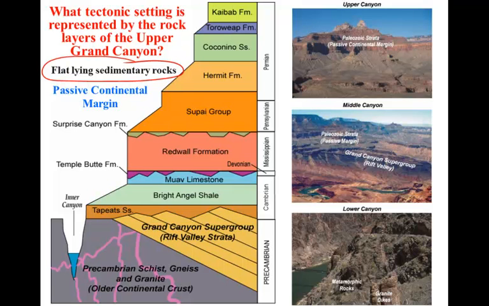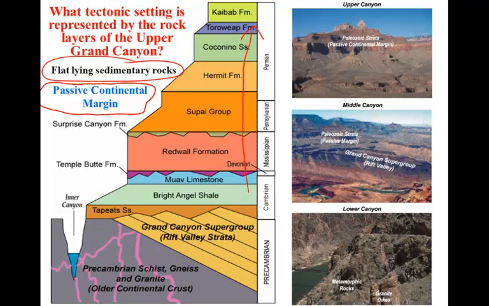What happens to the trailing edges of the continental crust? Continental crust that broke apart during the rift stage. It eventually cools and subsides and becomes what's known as a passive continental margin, and thereby becomes a place for a thick sequence of sedimentary rock layers to accumulate on that passive margin.